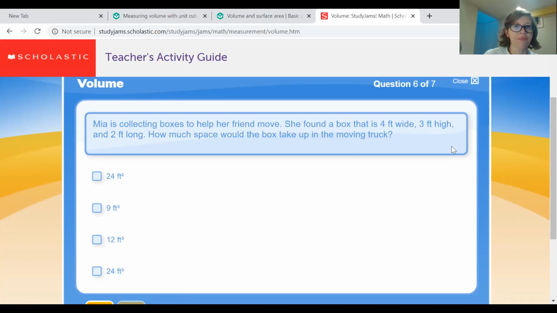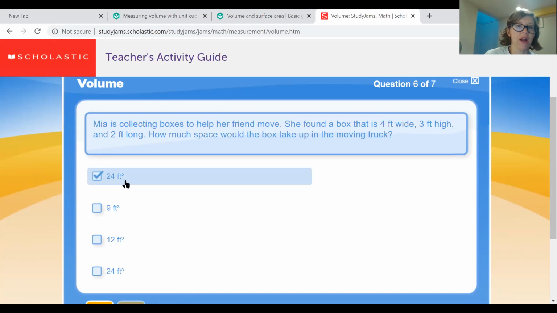Mia is collecting boxes to help her friend move. She found a box that is 4 feet wide, 3 feet high, and 2 feet long. How much space would the box take up in the moving truck? So again, remember, length times width times height.